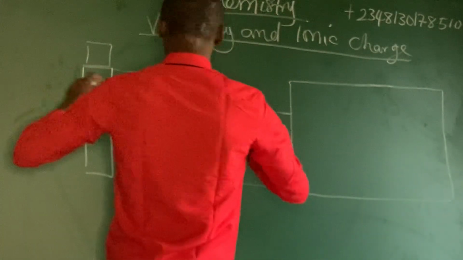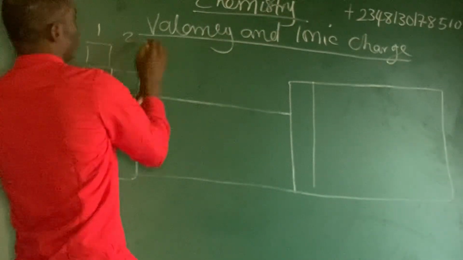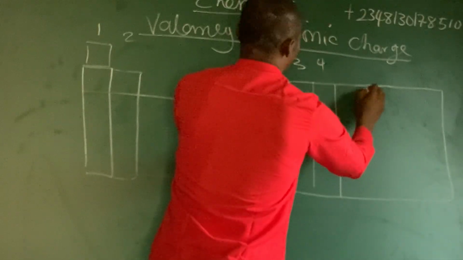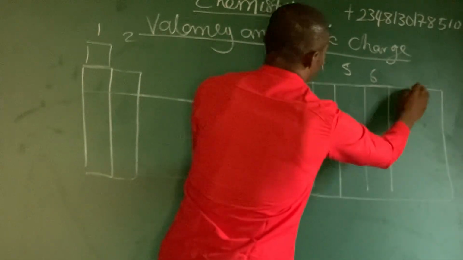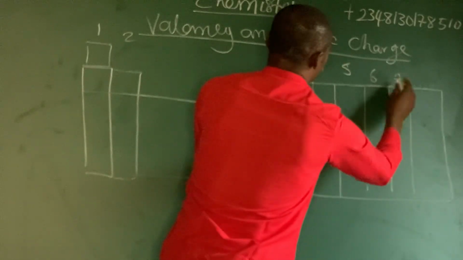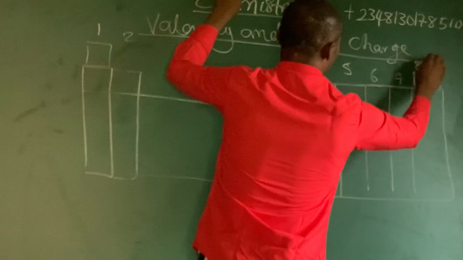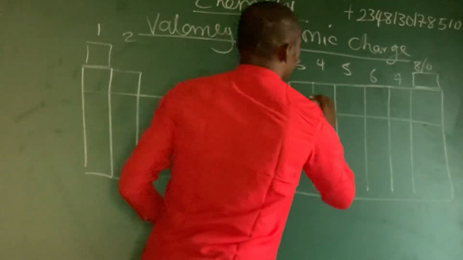Group 1, group 2, 3 over there, 4 over there, 5 over there, 6 over there, 7 over there, and then 8 or 0. All right, so we're going to complete it like this.